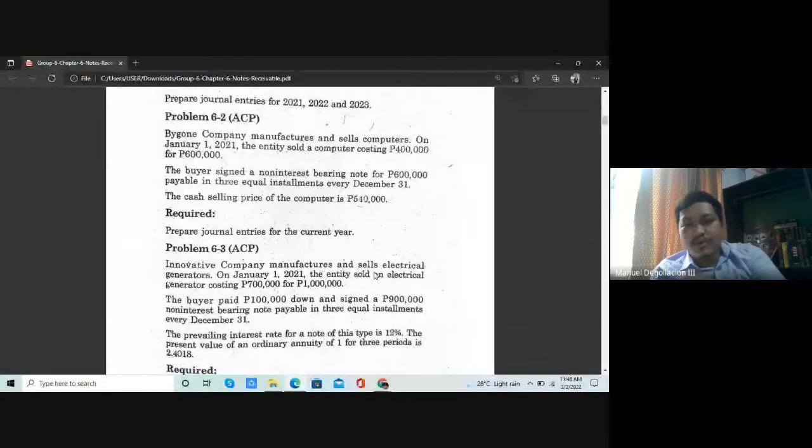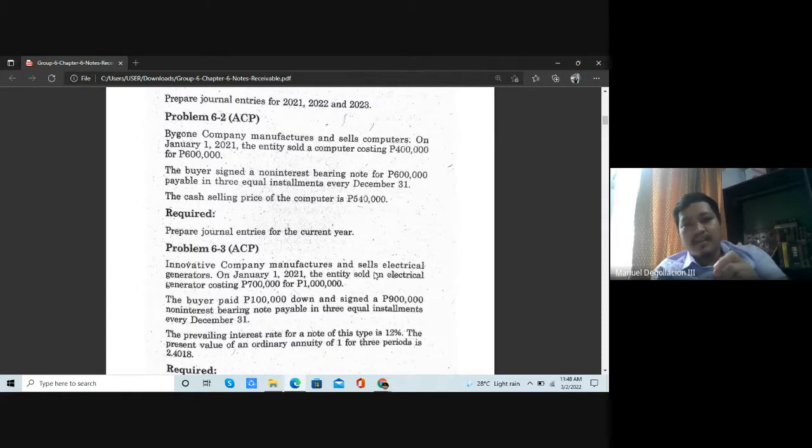I hope as you prepared for problem 6-2, you were able to gain understanding on how the fractional method is used. For year 1, class, interest income will be 30,000. For year 2 it is 20,000. For year 3, it's 10,000. And that is based on the fractional method.